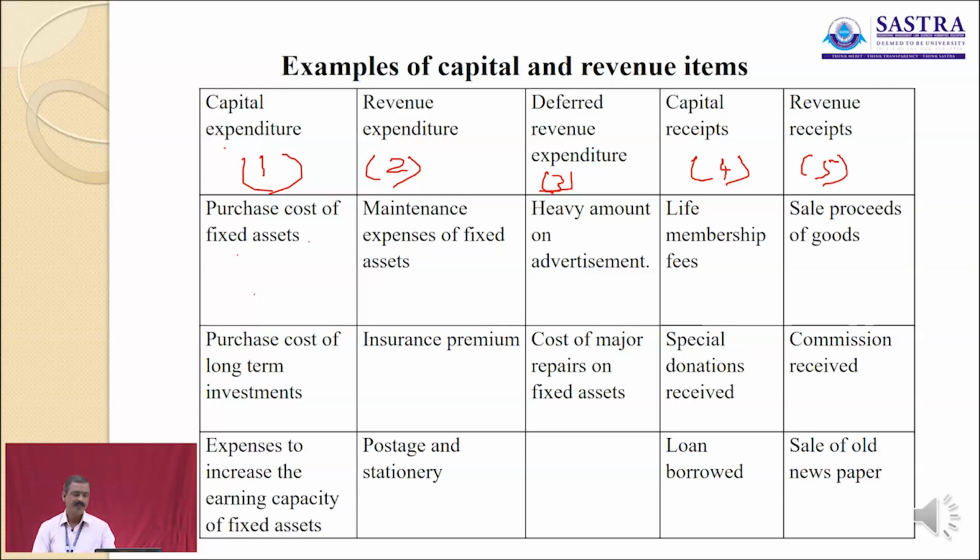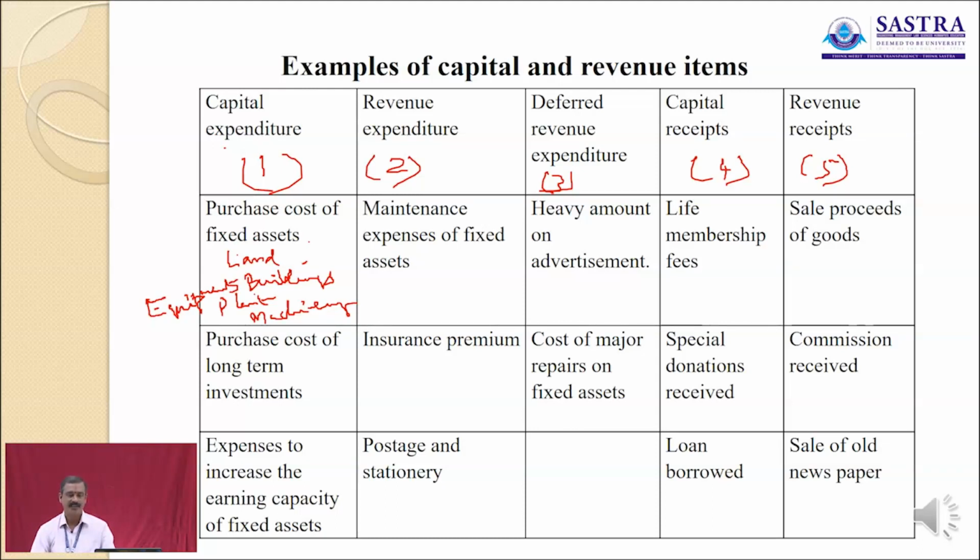See, the purchase cost of fixed assets, all fixed assets: land, building, plant, machinery, equipment. Whatever is purchased, such cost of purchase will be the capital expenditure.